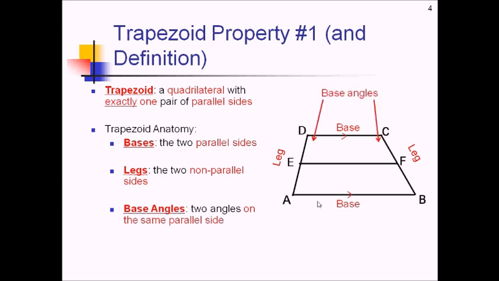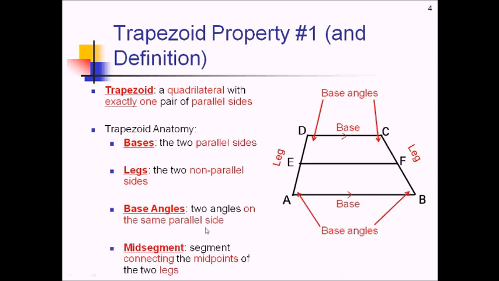So you've got a pair up here with D and C, and down here with A and B. The mid-segment is a segment connecting the two midpoints of the two legs. So here's your mid-segment, and because it is connecting the midpoints, that means that ED and EA are the same, and also that FC and FB.